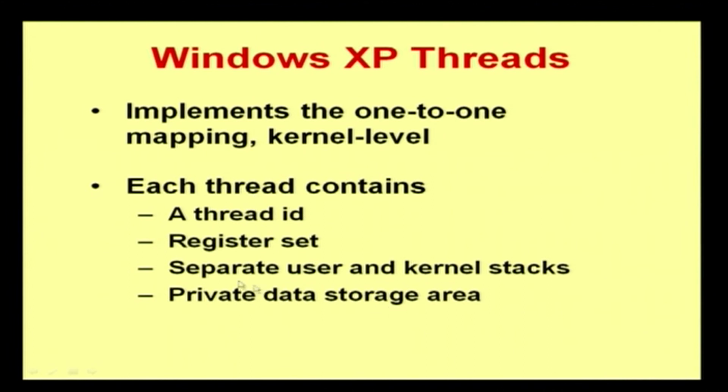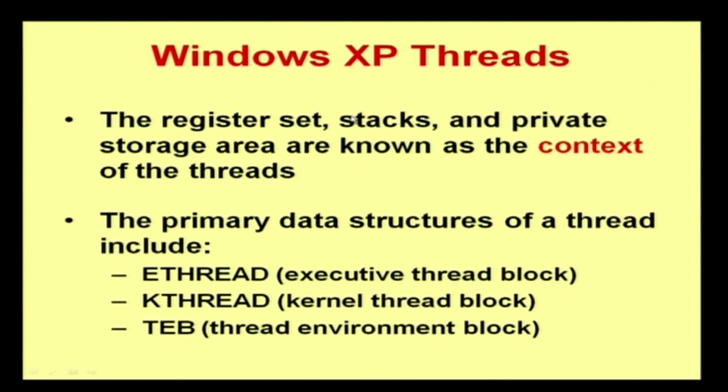So these are the four things a thread should contain, and all four are available in a Windows XP thread. The storage area, which contains the register set, the stacks, and the private storage area, you call it the context of the thread.